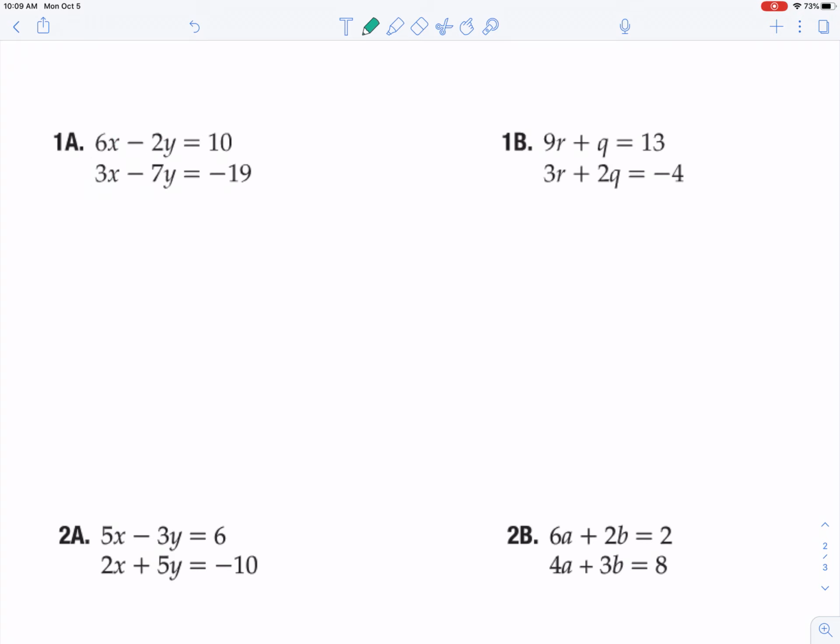Here's what I'm going to do. I'm going to take the bottom function and I'm going to multiply the whole thing by 2 so that I'm essentially distributing. So now I have 6x minus 14y equals -38.